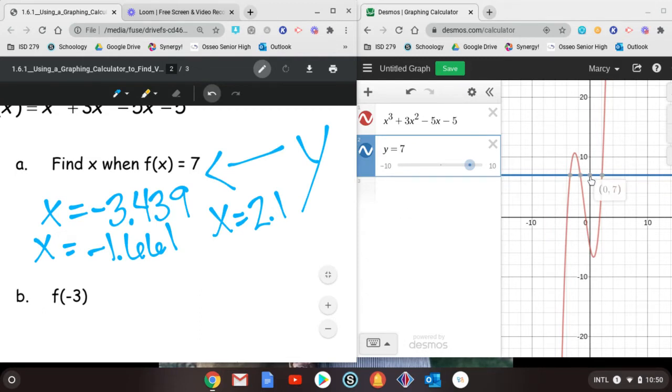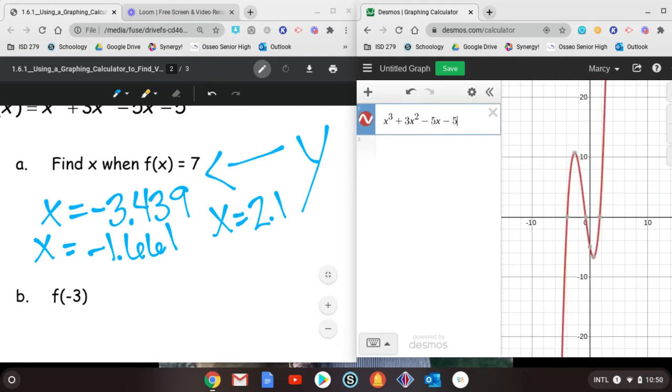Now remember, look at this 0. Is this part of the graph? No. This is just showing you where the y-intercept is. So make sure that you're not putting that point down because it doesn't cross the graph at 0. So now, since we're done with that, I'm going to erase.